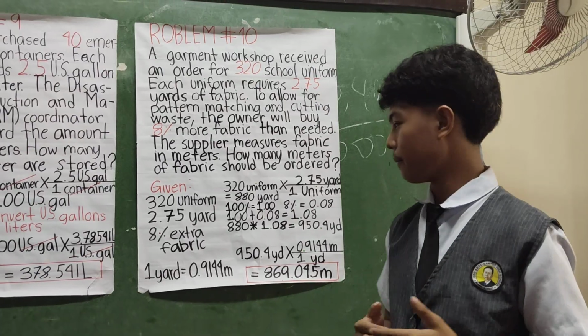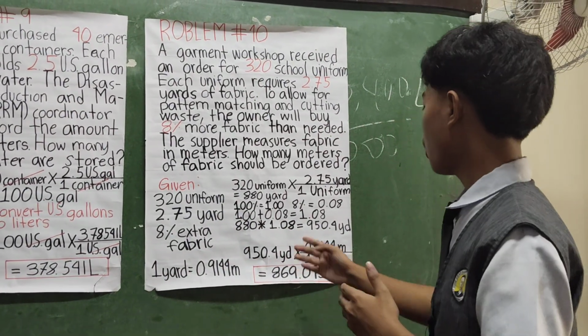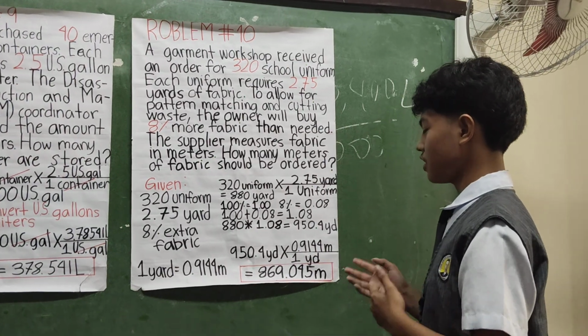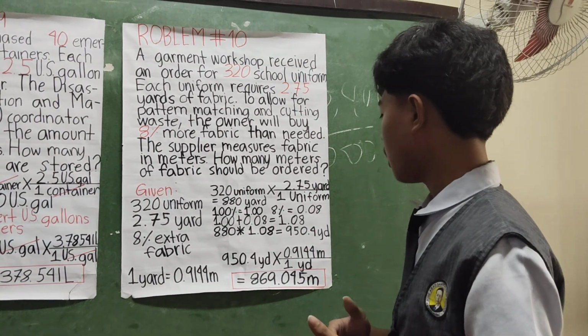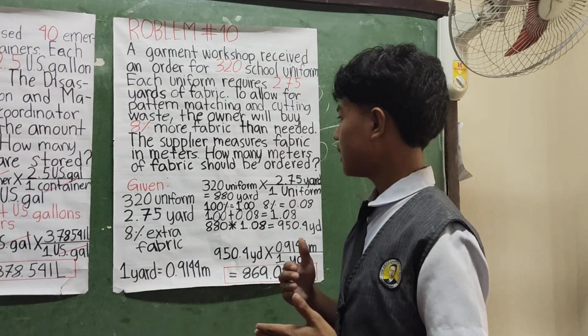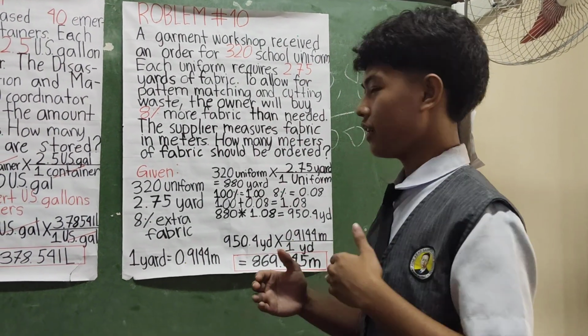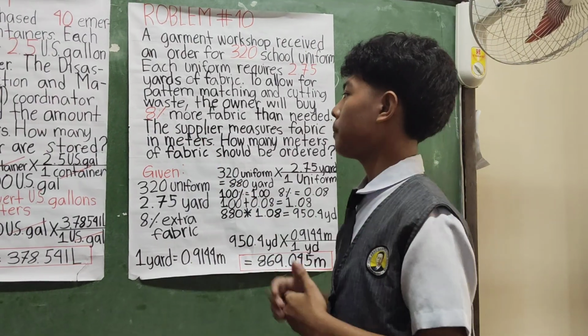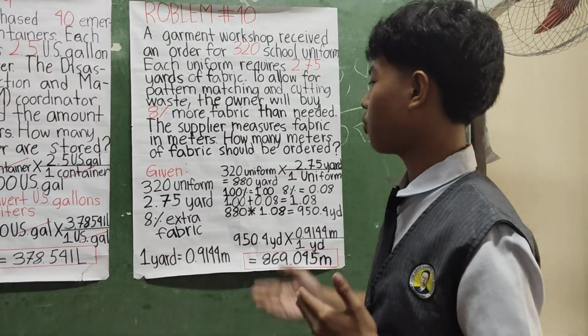So now we add them. 1 plus 0.08 is equal to 1.08. Now we multiply to find the total yards needed to make 320 school uniforms and include the 8% additional fabric to allow for pattern matching and cutting waste.